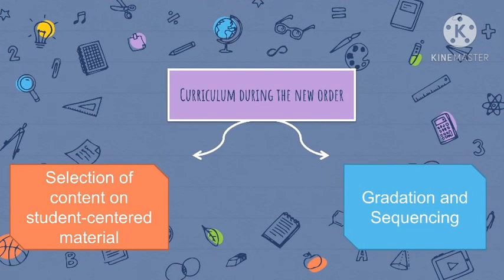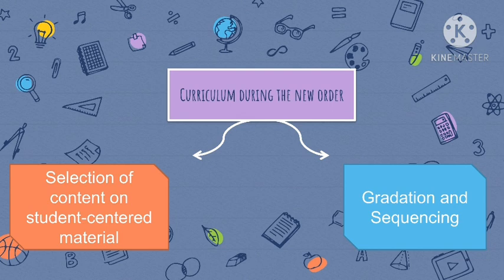The first is selection of content on student-centered material, and the second one is gradation and sequencing. So I'm going to explain one by one.